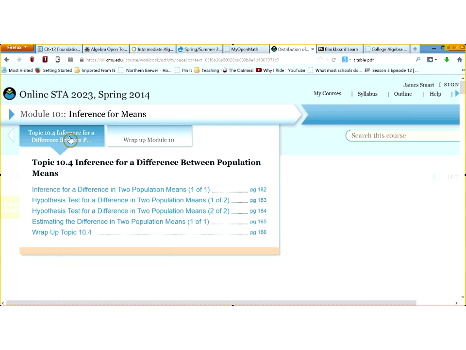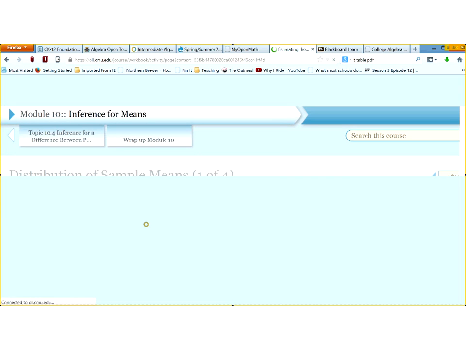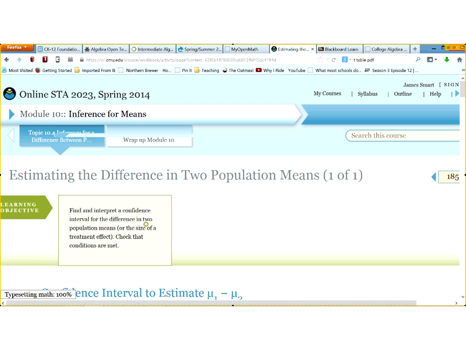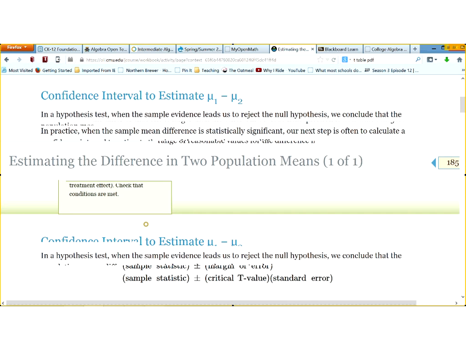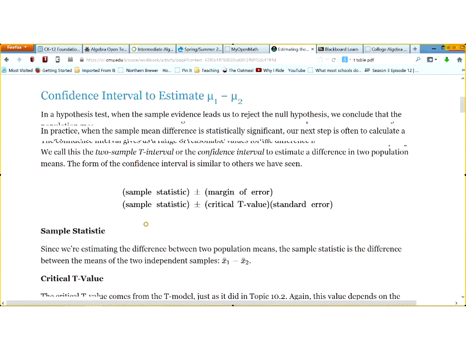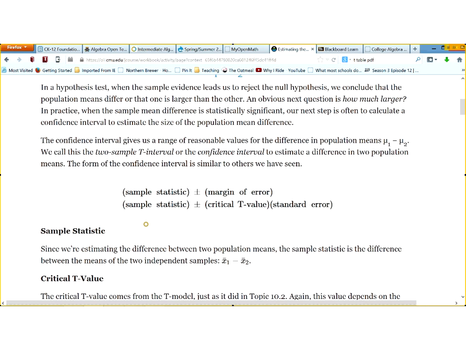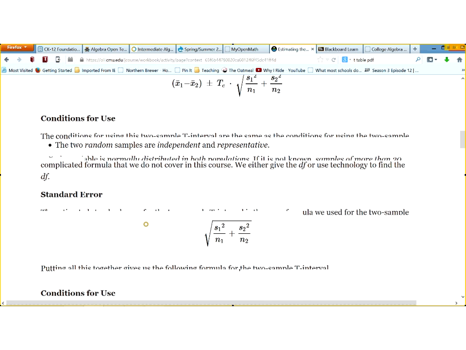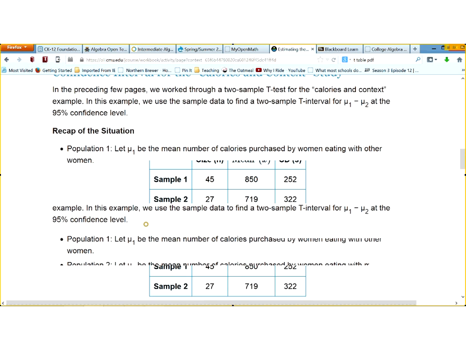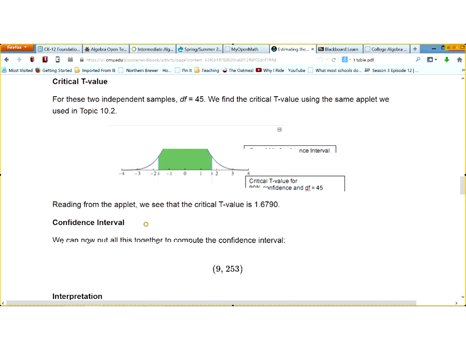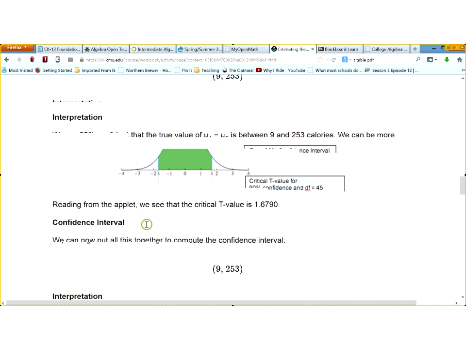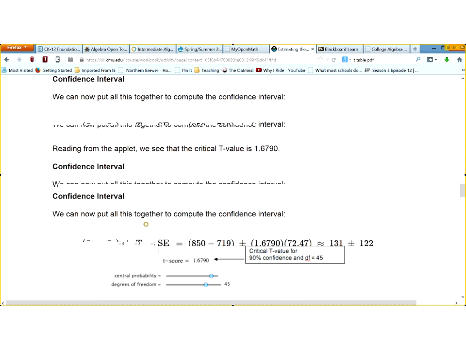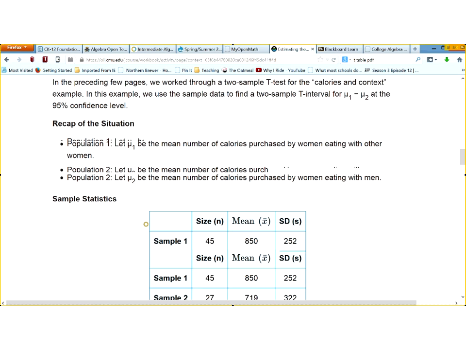So if we go back and we look at 13.4, estimating the difference is the last part, and that's because oftentimes we just go ahead and do a hypothesis test. All right, so let's see here. Here we go.